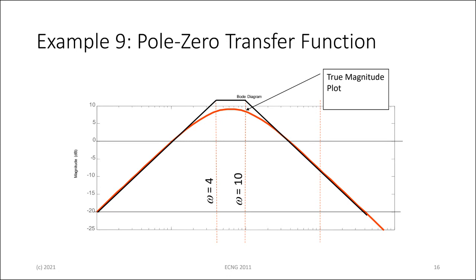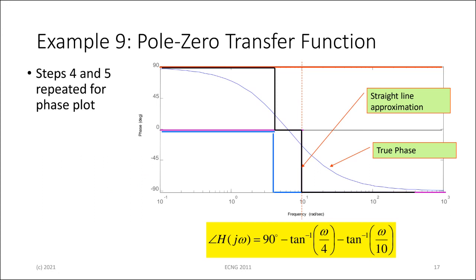And what about the phase? That's only half the answer. You have to look at the phase, and the phase plot is just as straightforward. The zero is a constant plus 90 degrees.